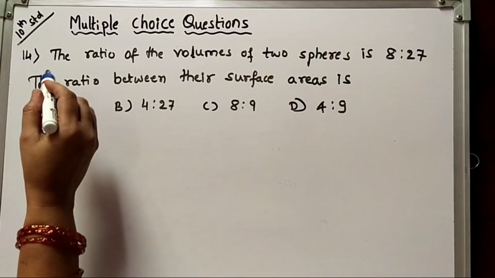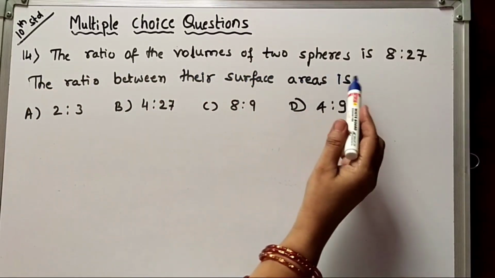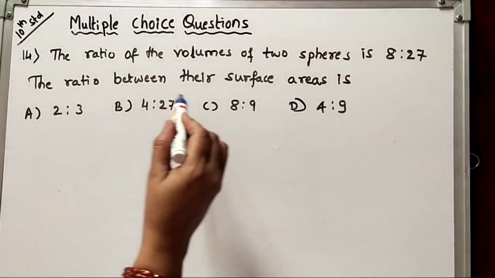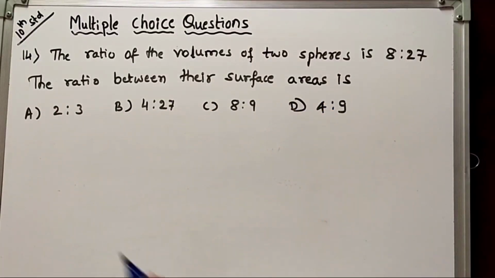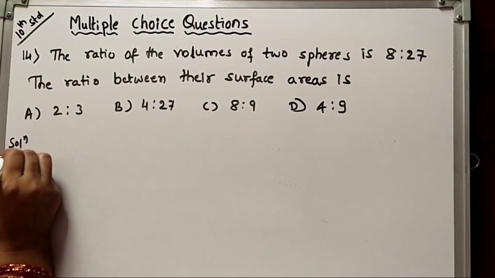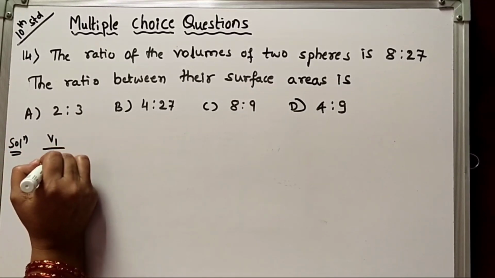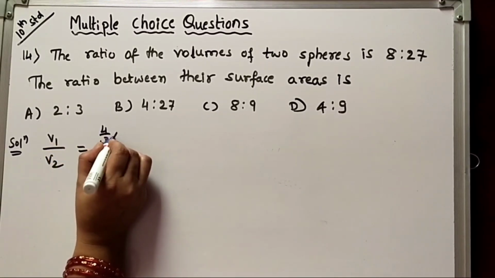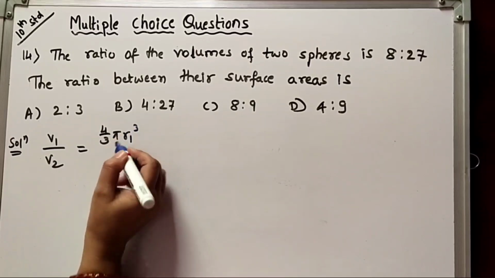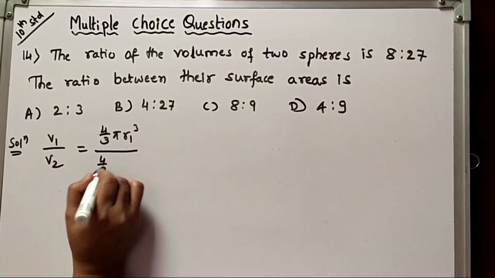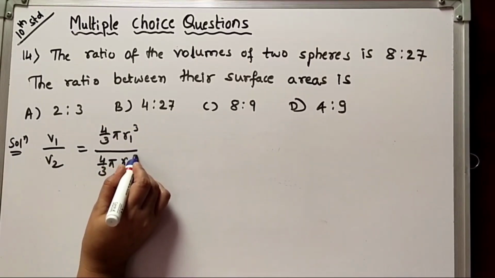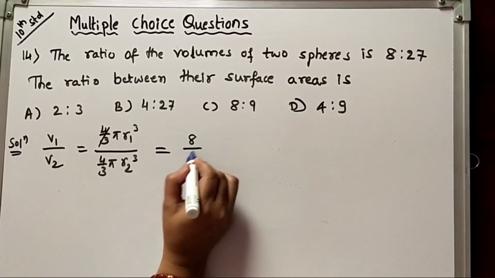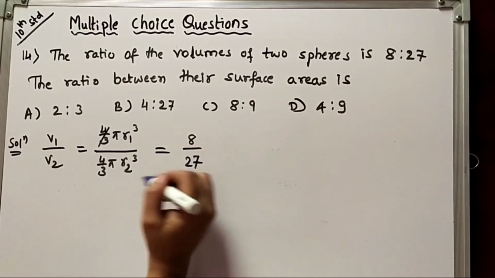Question number 14. The ratio of the volumes of two spheres is 8:27. The ratio between their surface areas is. Here the ratio of the volumes of the two spheres is 4/3 pi r1 cube divided by 4/3 pi r2 cube, which is equal to 8/27, as given in the question.